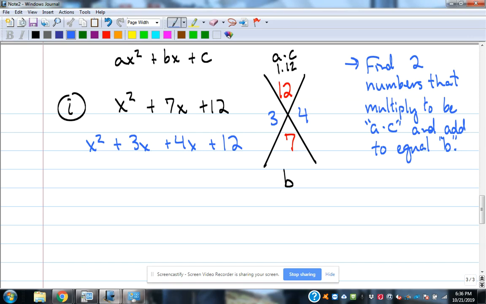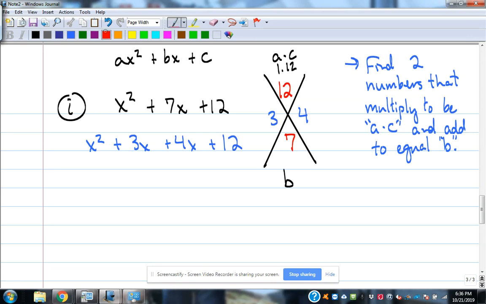If I simplify this blue, it goes back to the original. It's the same problem. We're just manipulating it and making it look like something different. Okay? So what we can do now is take this problem and do grouping with it. Because we now have how many terms in the blue problem? 4. It makes it a grouping problem.